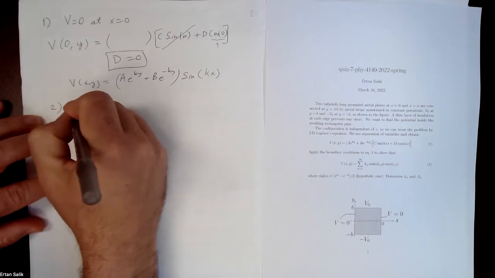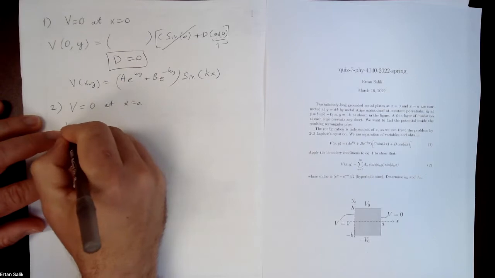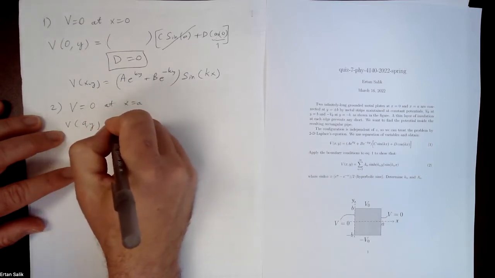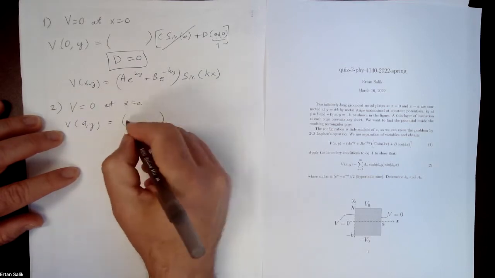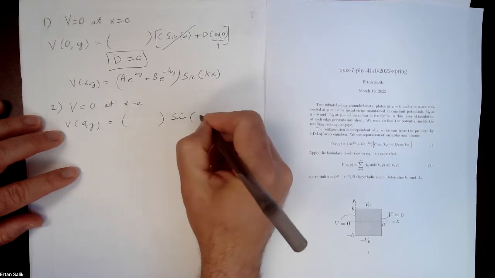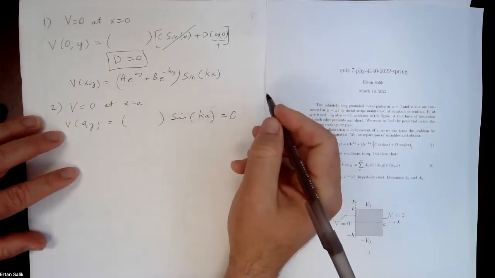Okay, second, V equals 0 at x equals a. So I'm going to write V(a,y) equals, again, the y part, A e to the ky plus B e to the minus ky, and then this one will be sine of ka, and that's equal to 0, right?